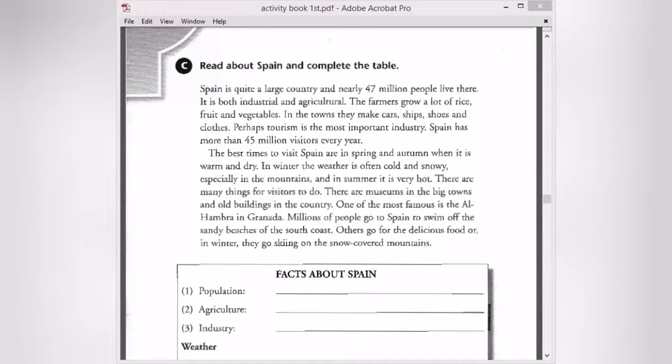There are museums in the big towns and old buildings in the country. One of the most famous is the Alhambra in Granada. Millions of people go to Spain to swim on the sandy beaches of the south coast. Others go for the delicious food, or in winter, they go skiing on the snow-covered mountains.